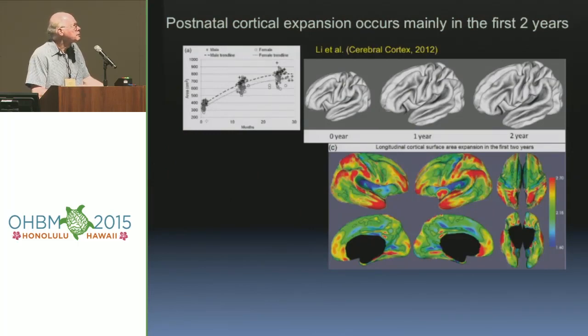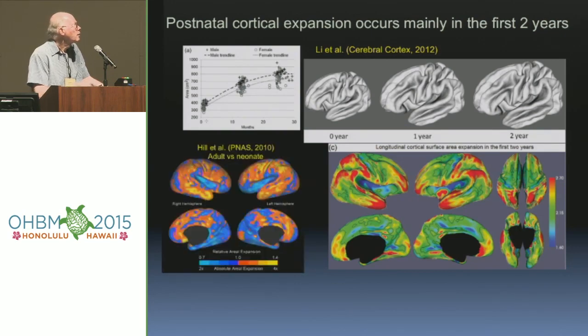This next slide addresses the timing of this, because the Hill et al. study I showed you before and replicated here was between adulthood and neonate. The University of North Carolina group, Lee et al., have probed specifically the first and second years after birth compared to term infants, and they've shown that most of the cortical expansion occurs during the first year, a little bit more during the second year.